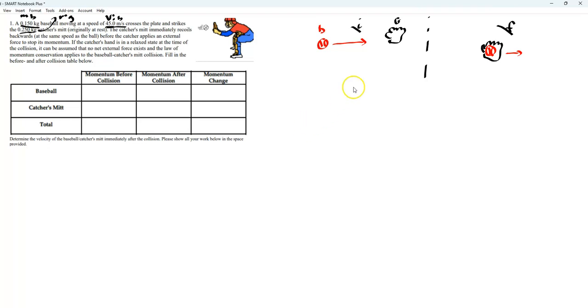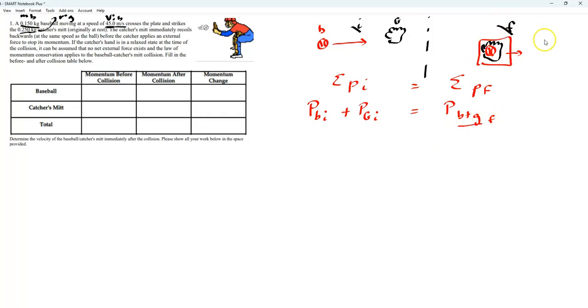So for this first part, we're going to use conservation of momentum. So the total momentum initial should equal the total momentum final. So initially, we have the ball's initial momentum plus the glove's initial momentum, which should equal the ball's plus the glove's final momentum, because they stick together here.